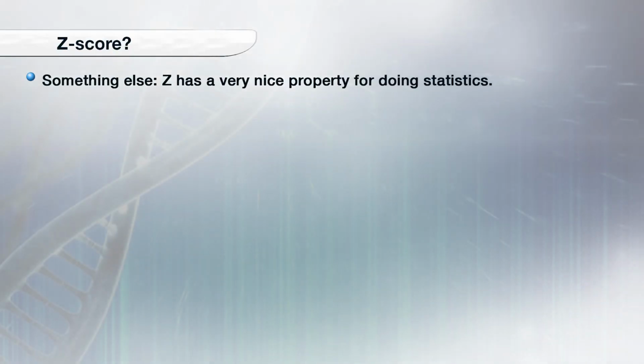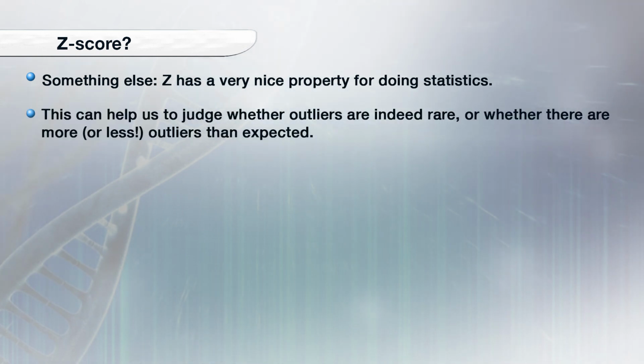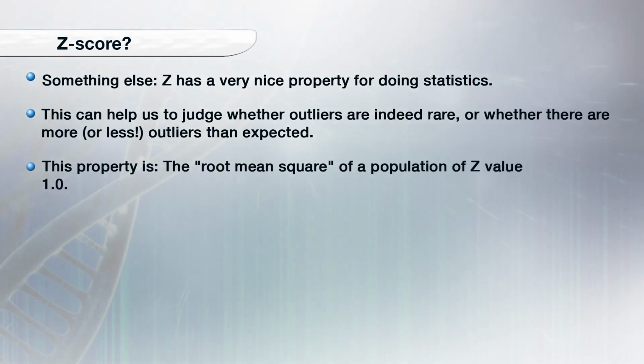Z has a very nice property for doing statistics. This can help us to judge whether outliers are indeed rare or whether there are more or fewer outliers than expected. This property also means the root mean square of a population of Z values should be 1.